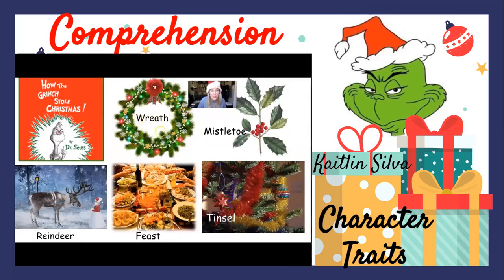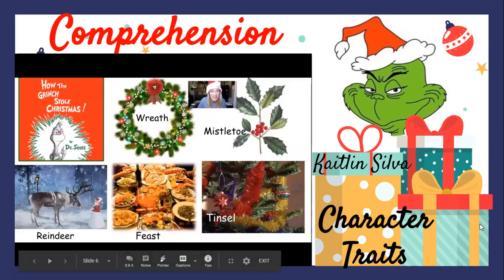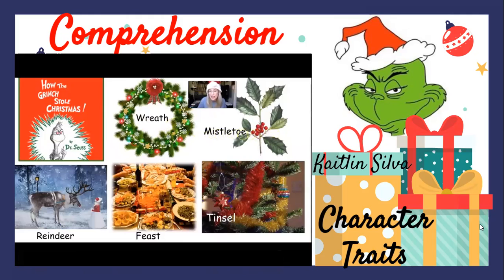It's a Christmas decoration you will commonly find on someone's door. Mistletoe. It is a type of plant that's very Christmassy. Here's what a reindeer looks like. A feast is a big meal shared amongst friends and family. And tinsel is another fun Christmas decoration.